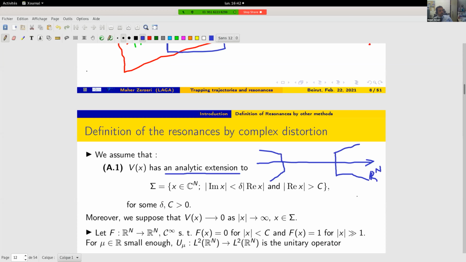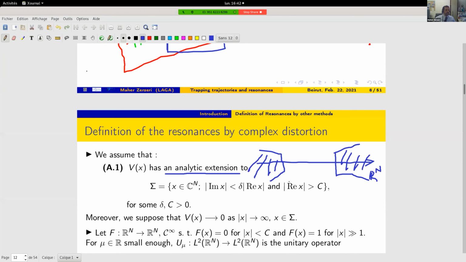And we assume that our potential has some analytic extension in this sector near R. So we don't need that to be analytic near all Rn. So what we call essentially not globally analytic potential.